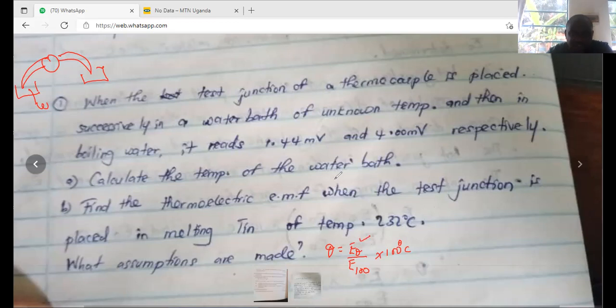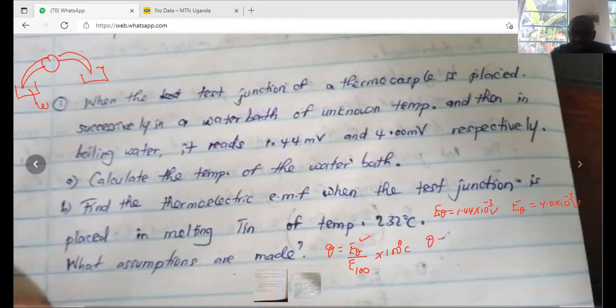Now, according to what has been given, when we have the unknown temperature, E theta, the EMF is 1.44 times 10 power negative 3 volts. When the EMF is in boiling water, we shall have steam, which EMF is 4.0 times 10 power negative 3 volts.